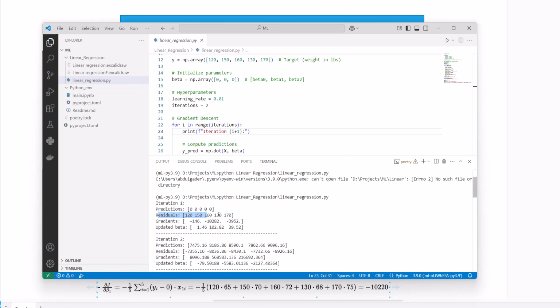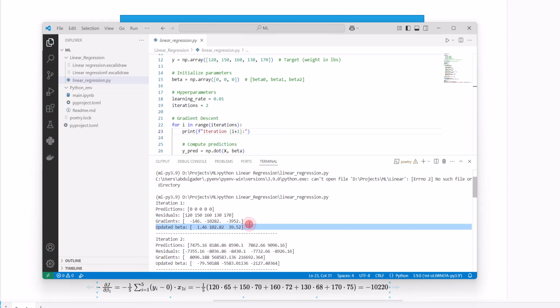And the residual, the prediction was 0, 0, 0, 0. And the residual, for instance 100, is y minus y hat. This is called residual, or the difference between the real target minus the predicted.